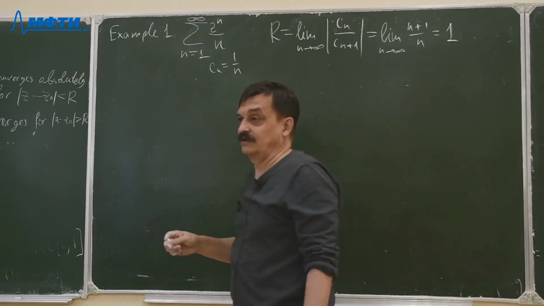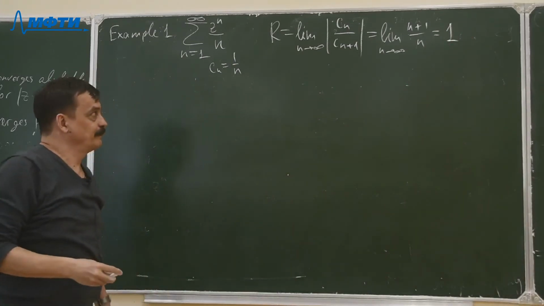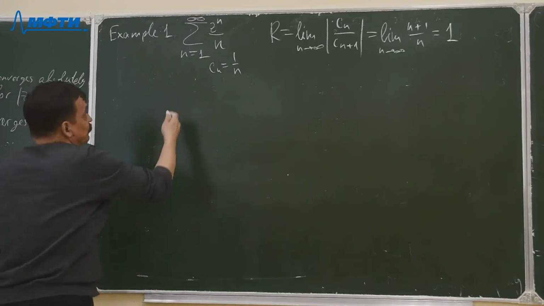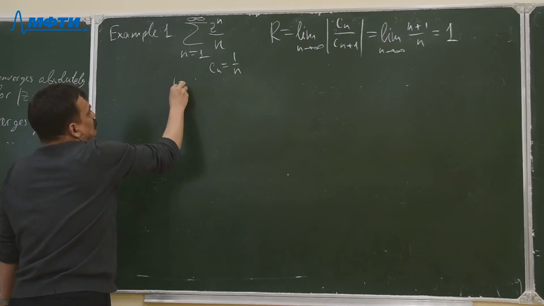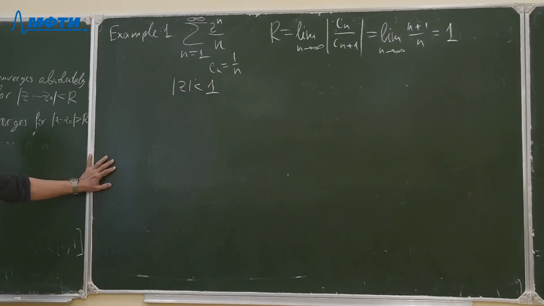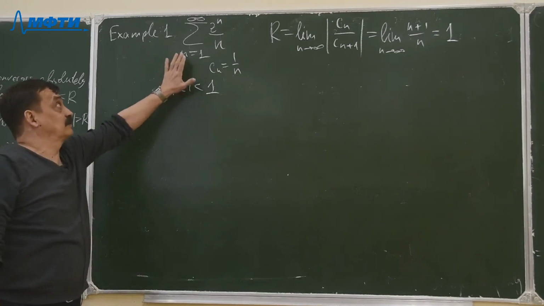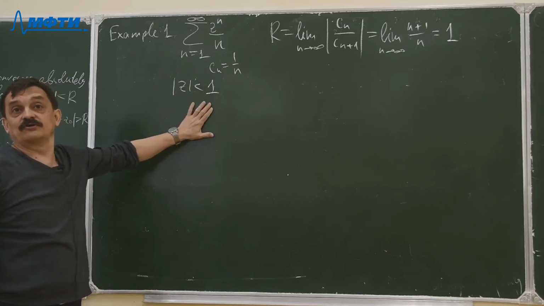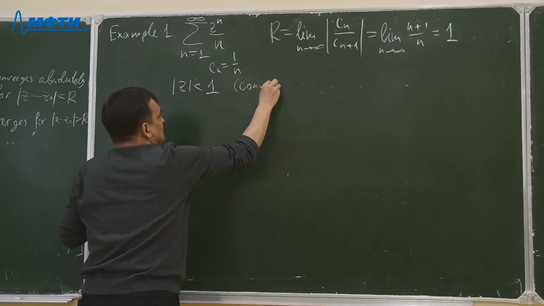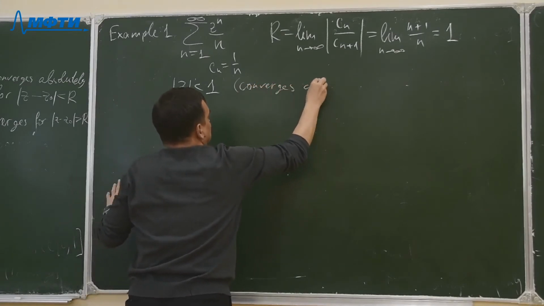The radius is 1. So by the Cauchy-Hadamard formula, once we know the radius, we know that the series converges absolutely inside the disc.